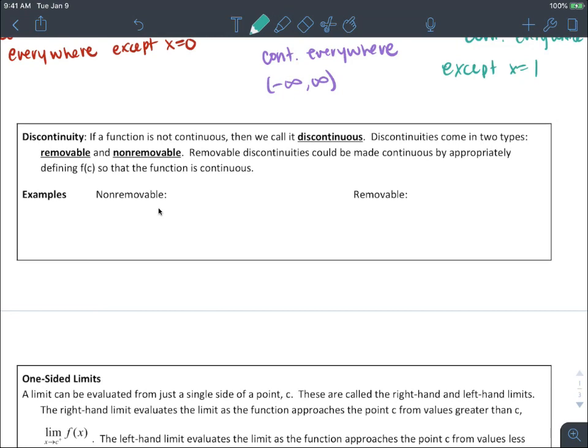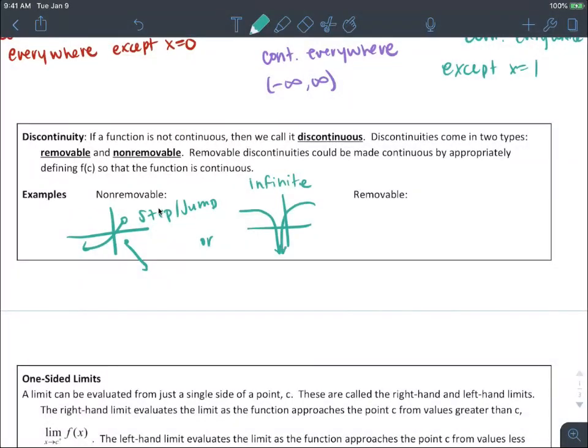Discontinuities come in two types, removable and non-removable. A non-removable discontinuity is like a step, something like this, a step or a jump. Another type is an infinite discontinuity, something like this.